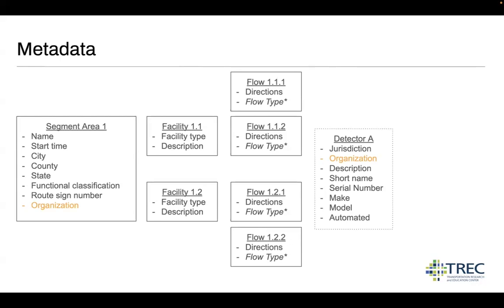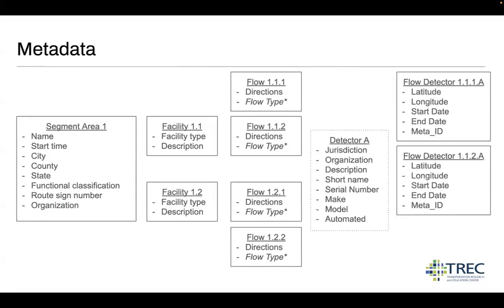The jurisdiction in this case is filled out if the detector is owned by another agency. For example, a state DOT might be loaning the hardware to a local DOT. In the case of manual counts, you will typically fill out the bulk of the attribute information as manual count. The other information is relevant for automatic counters.